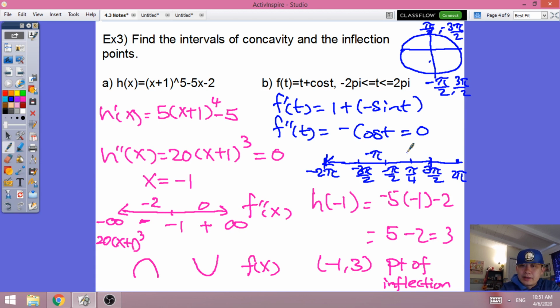Okay, so anything that is considered negative 2 pi to negative 3 pi over 2. Okay, negative 2 pi. So this one, you can put in any number. Okay, perhaps maybe negative 5 pi over 4.